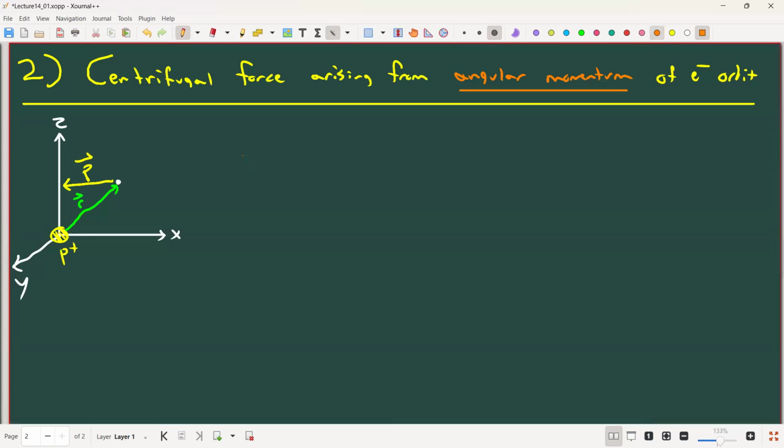And we can define what's called the angular momentum, which we call L. It's also a vector, and it's equal to the r vector cross the p vector.